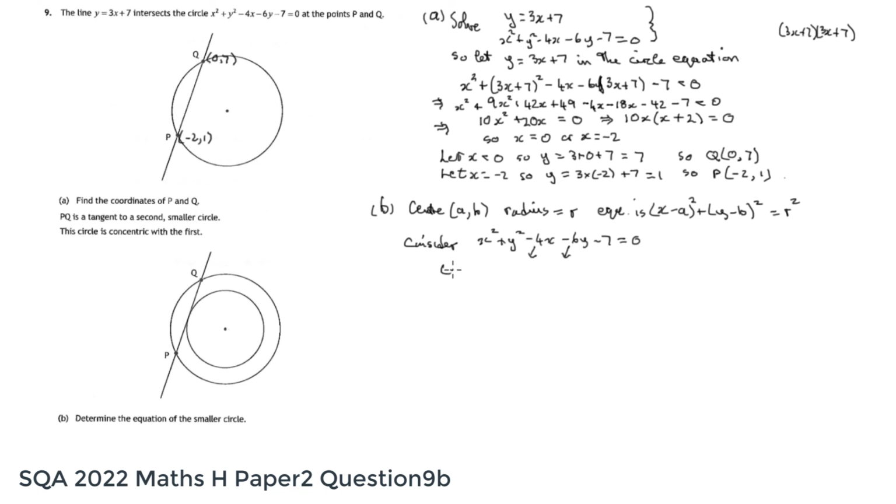So the centre, let's call it C. Half of this negative 4 is negative 2, change sign will give us 2. Half of this negative 6 is negative 3, change sign, that will give us 3. So the centre appears to be 2, 3.